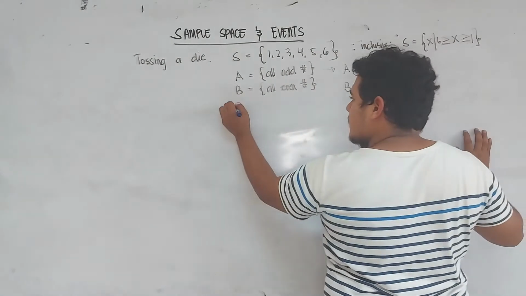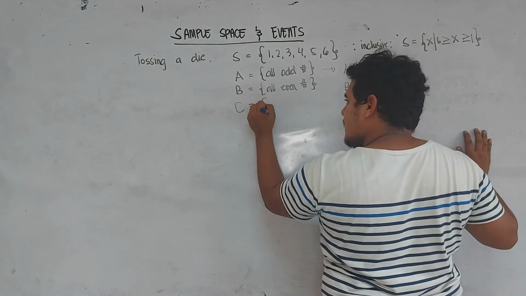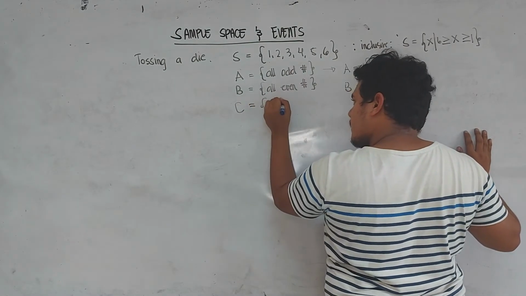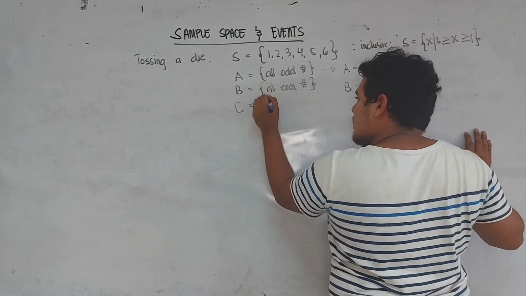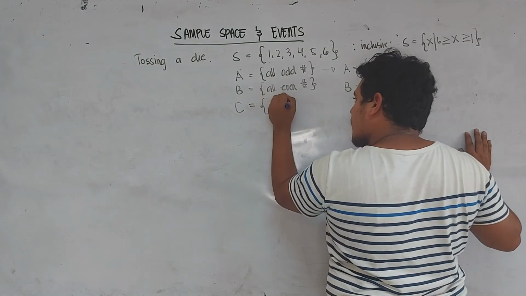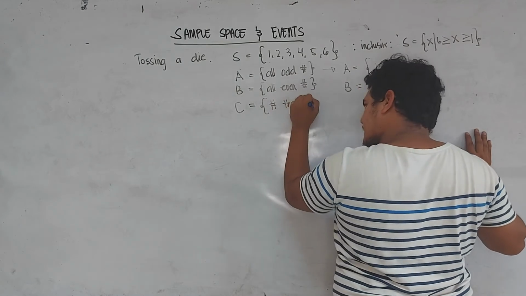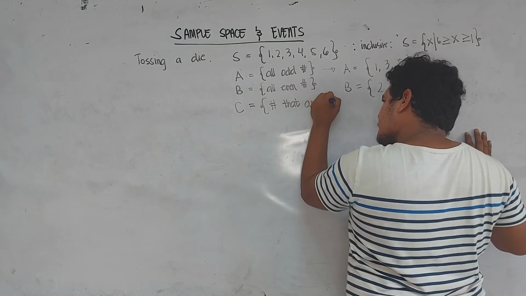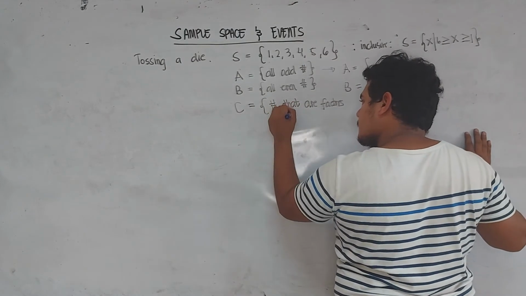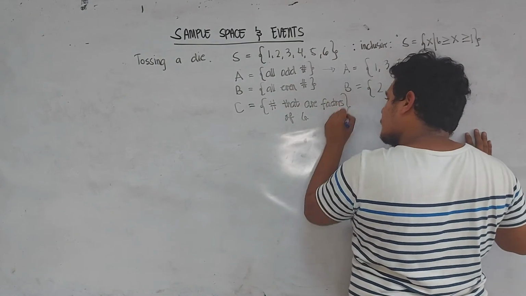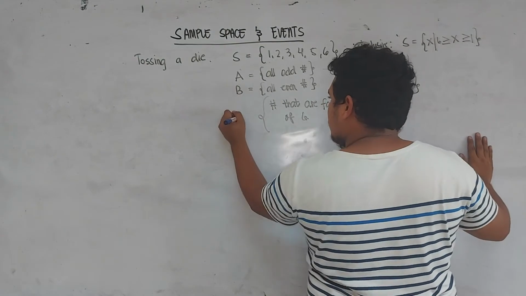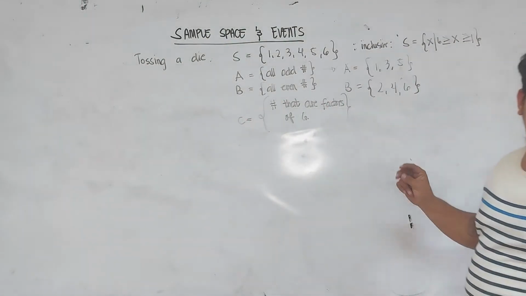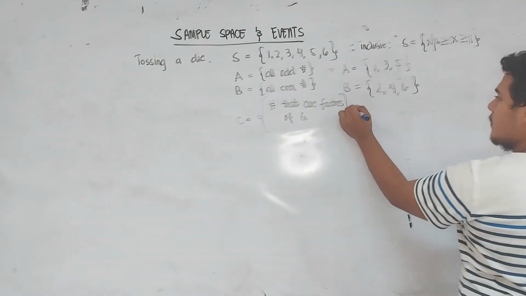Next, C. Let C be the numbers that are factors of 6. What are the factors of 6 here for our C?